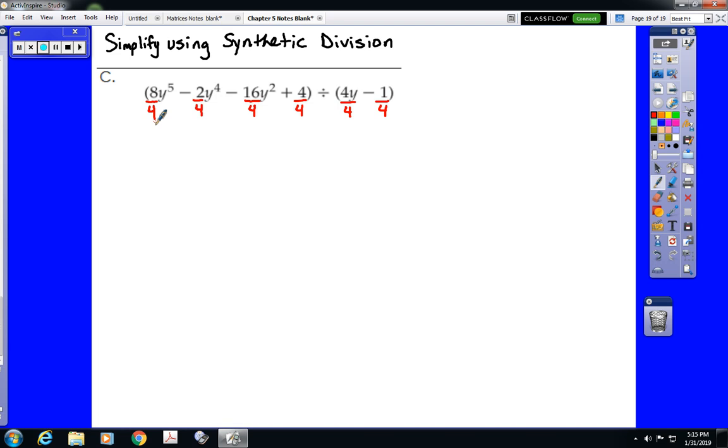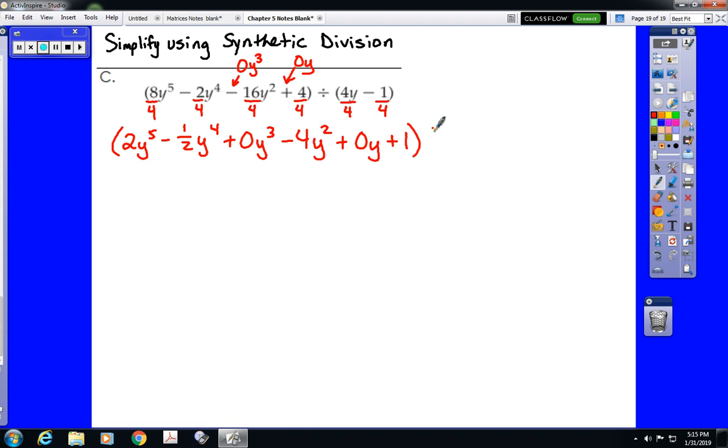And we're also going to need to insert a 0y cubed and a 0 between the y squared and the numeric term. So this will become 2y to the 5th minus 1/2 y to the 4th plus 0y cubed minus 4y squared plus 0y plus 1 divided by y minus 1/4.